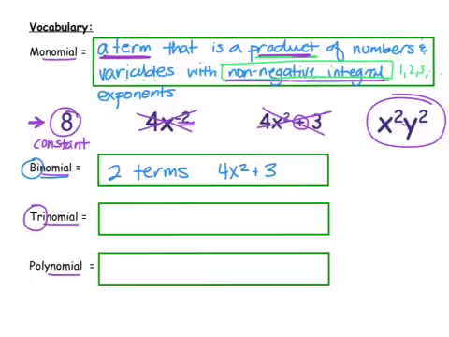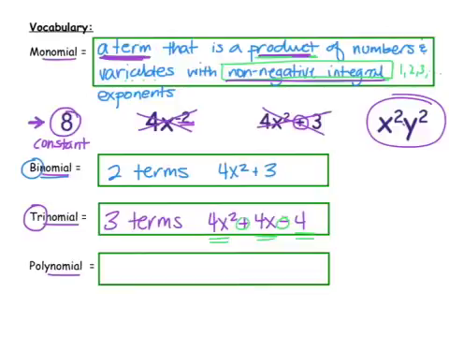The next vocabulary, trinomial. Tri means 3 terms. Trinomials have 3 terms. So maybe we have a 4x squared plus a 4x minus a 4. Every time you see that plus or minus sign, it separates our terms. So we have 1 term, 2 terms, 3 terms.